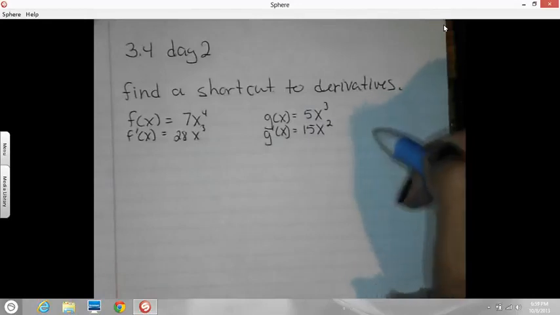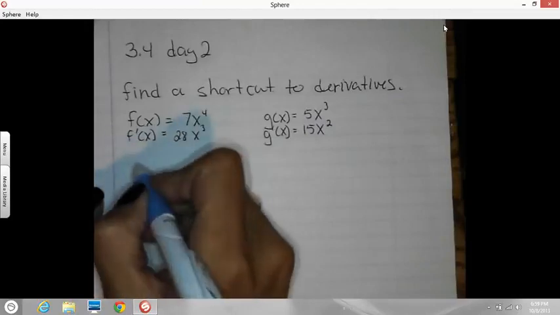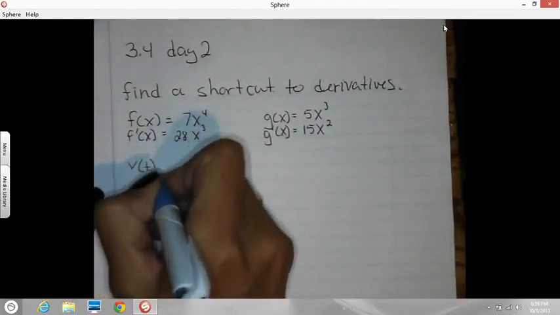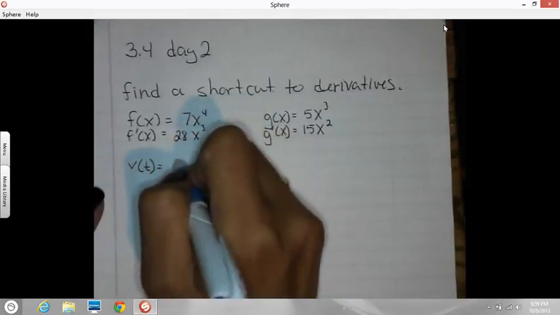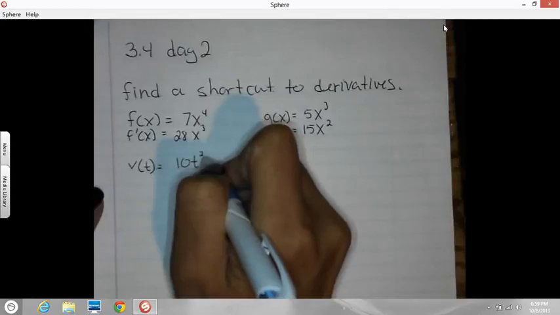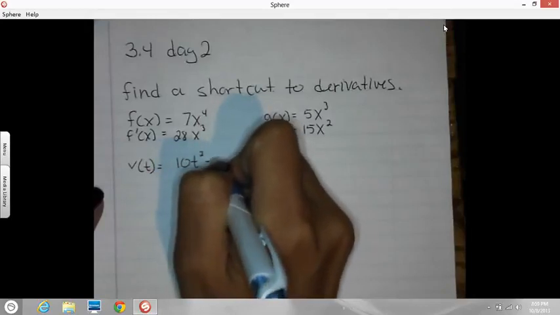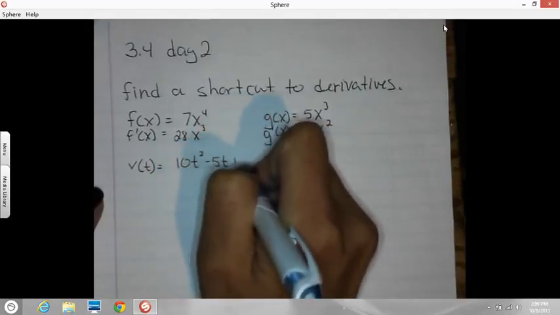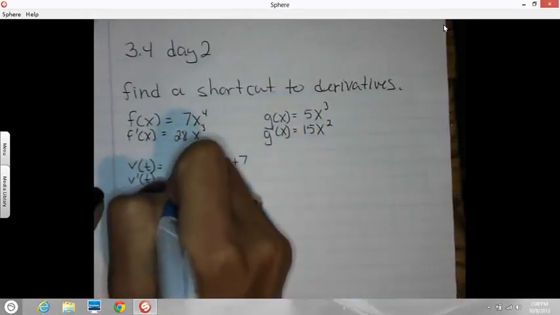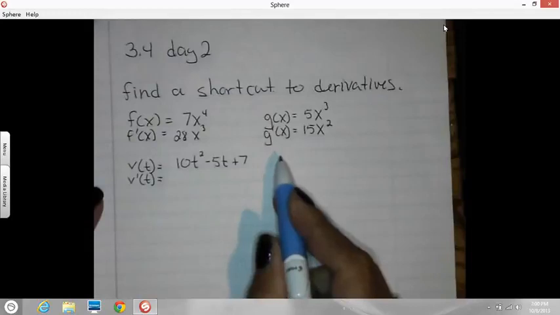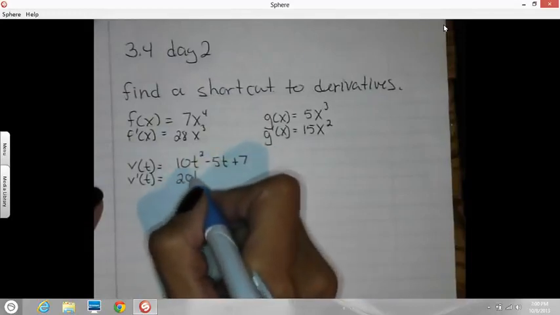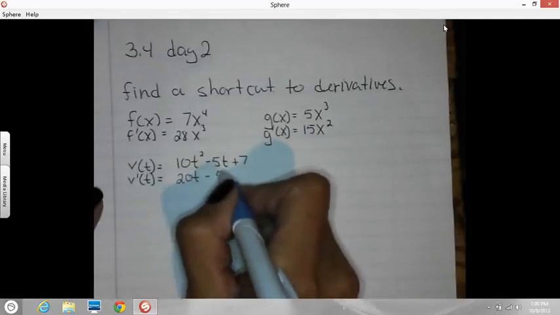If you still don't have it, your next problem was v of t equaled 10t squared minus 5t plus 7. Think about what you think your shortcut is here. Your derivative answer came out 20t minus 5.